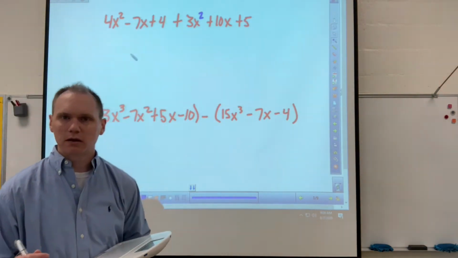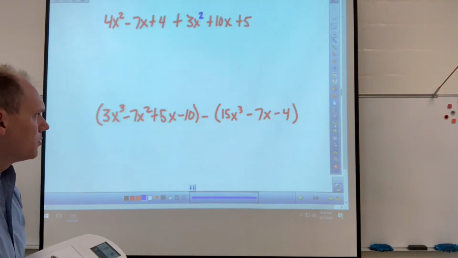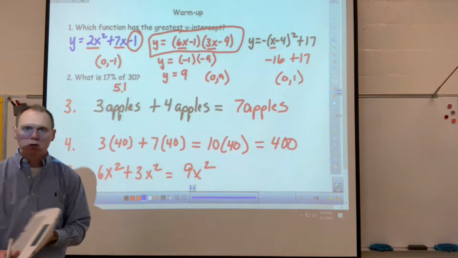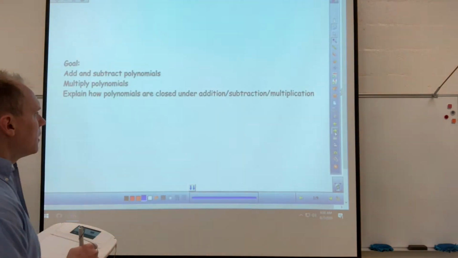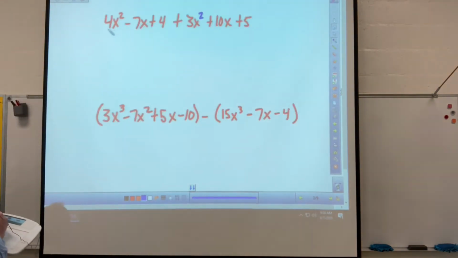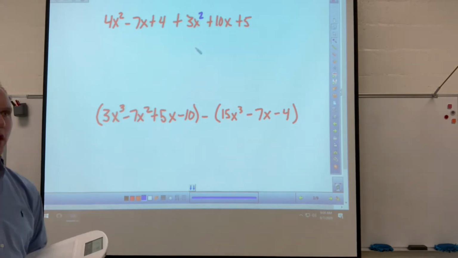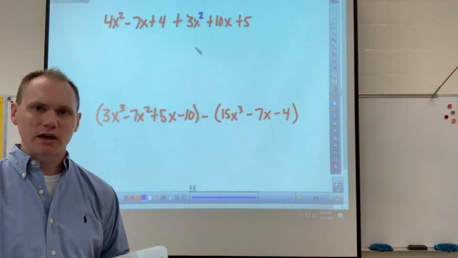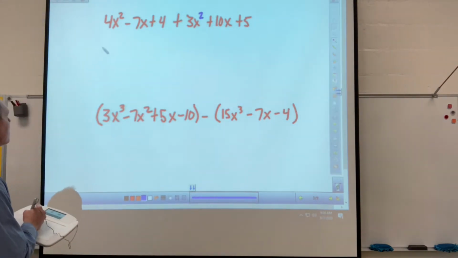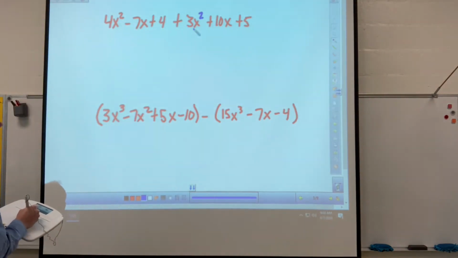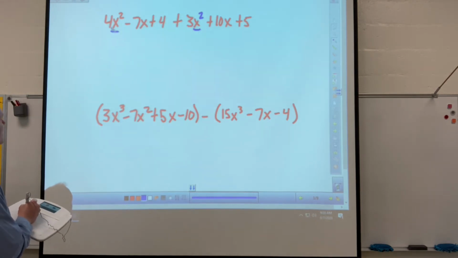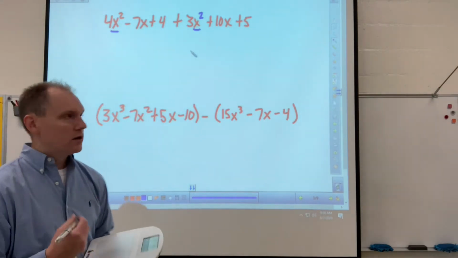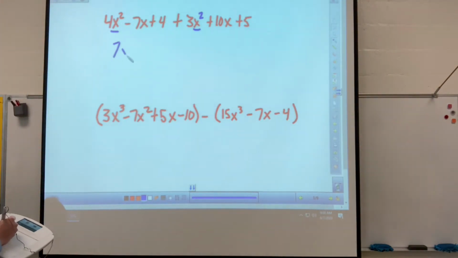So what we're going to do is we're going to think about how we can simplify this and, like we did in the warm-up, are there any terms that we can actually add together? So we need to go through and think about, are there any terms here that describe the same quantity, or a multiple of the same quantity? So we said that x squared and x squared are the same value, right? So if we have 4x squareds plus 3x squareds, that should be 7x squareds, right?